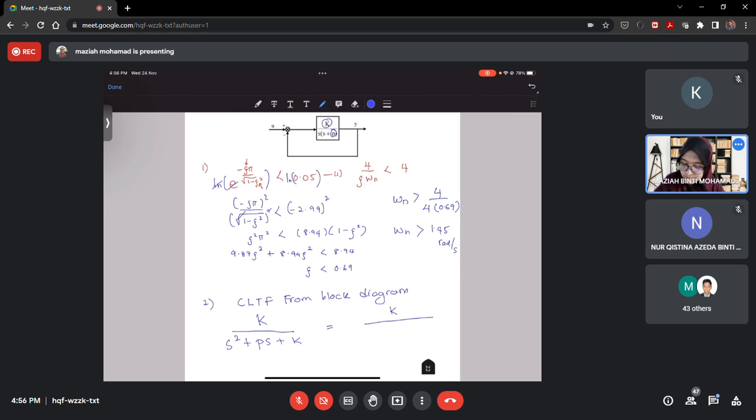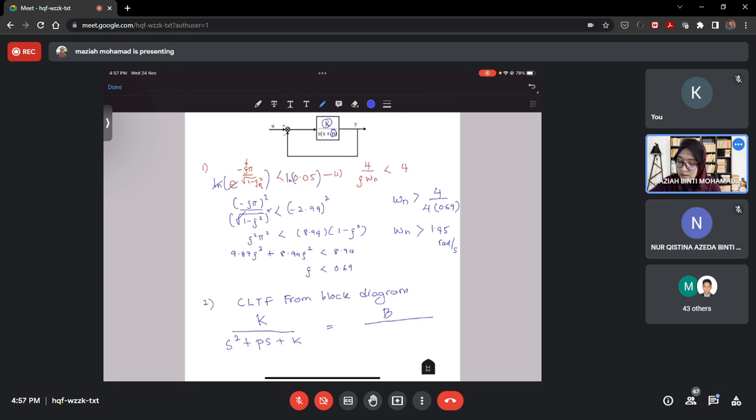K, let's not use K here because K is already used. Let me replace it with, what is the suitable parameter? Let me use B. K actually represents the static gain, but since K is already in the system, let's choose another. Let's choose B to represent the static gain.